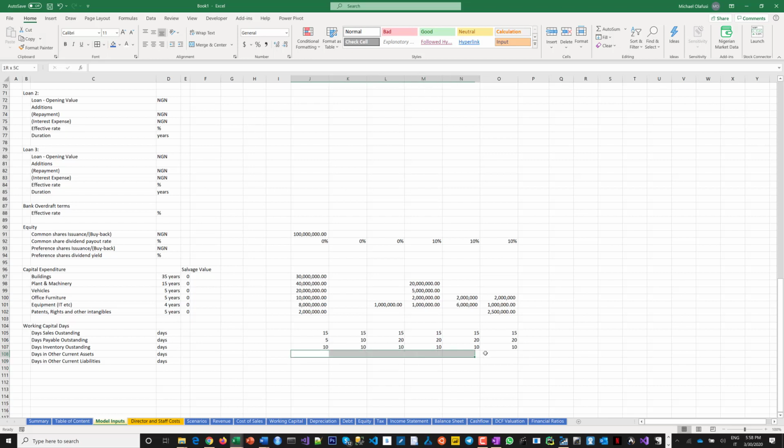For these other ones, you can say because other current assets are things that could be prepayment. You paid for rent you've not utilized. You have some things that you have paid for that spill into other months.